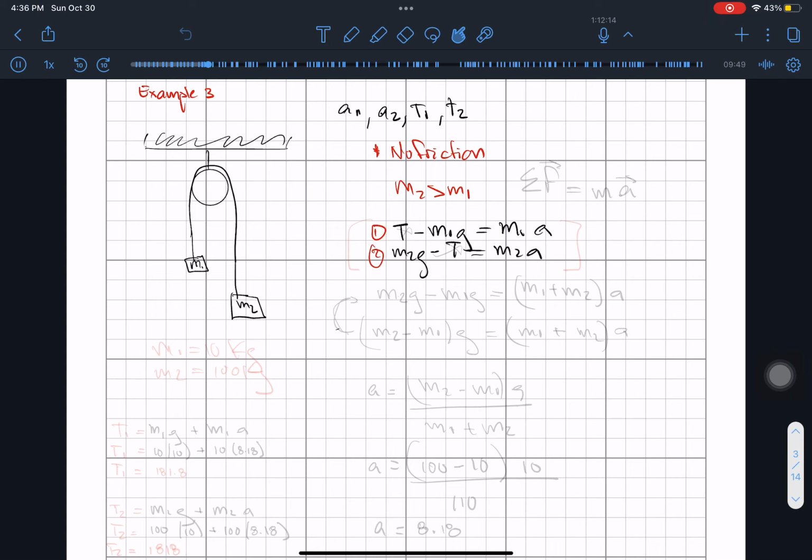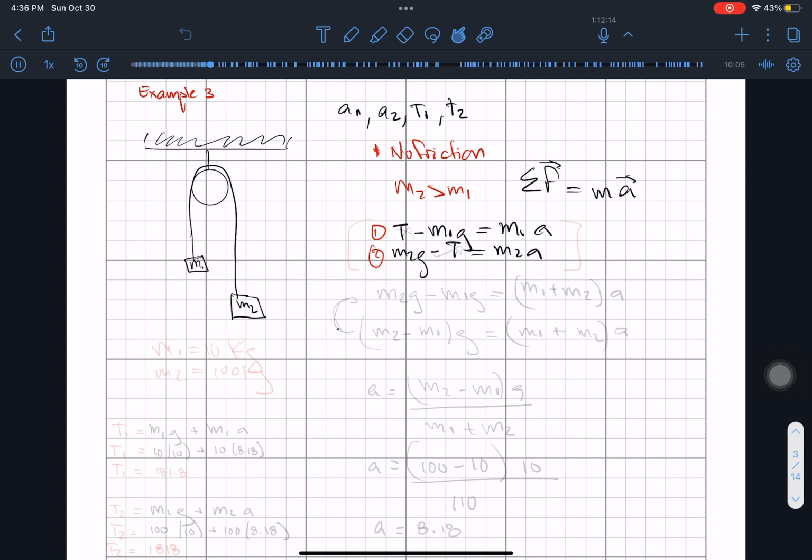This is given by the second law of motion, which is the sum of the forces acting on the object is equal to the mass times the acceleration.